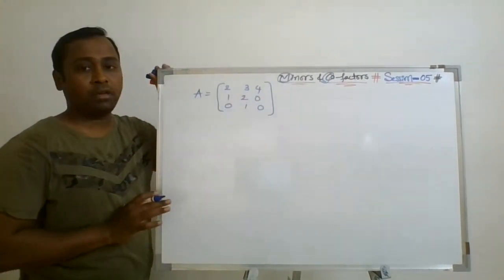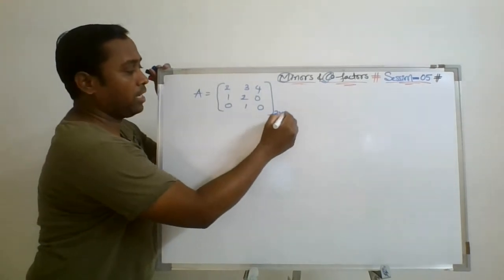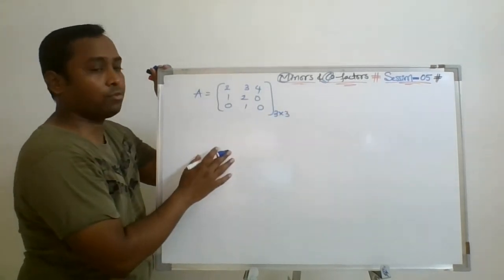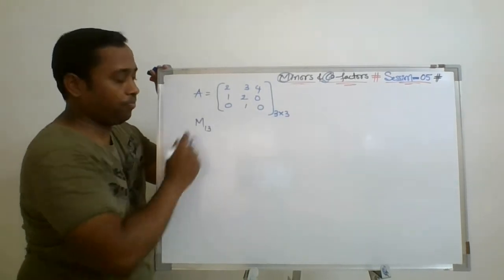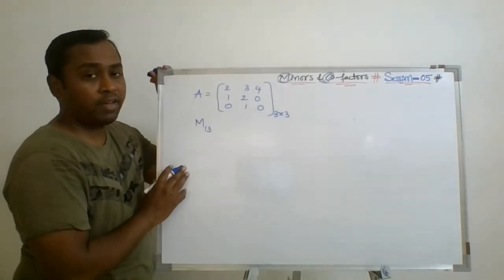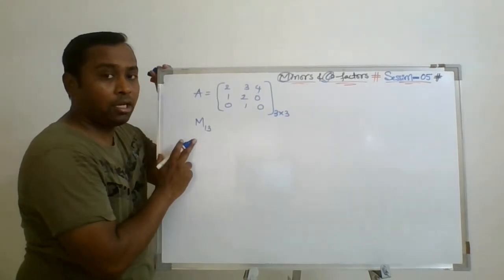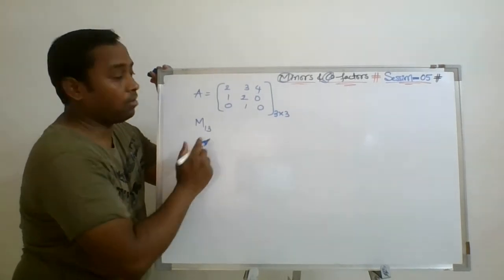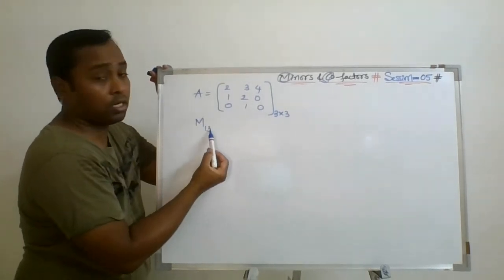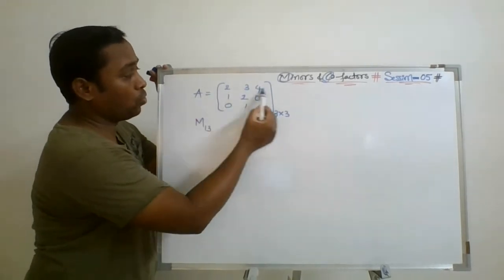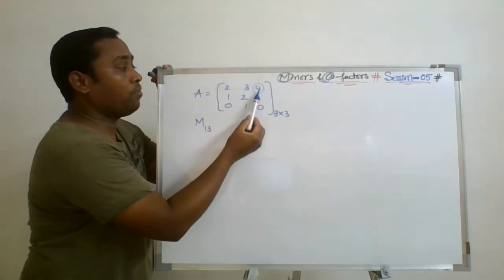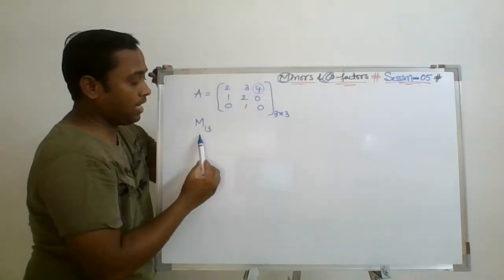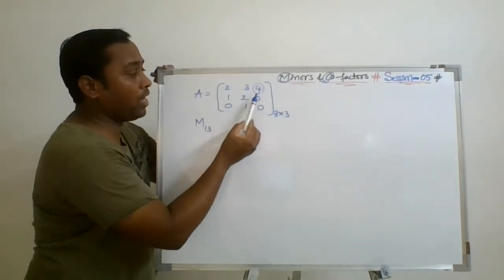This is simply one 3 by 3 square matrix. Now we need to find M13, the minor of the element A13. What is A13? First row, third column. This is the element 4. When I say M13, it means the minor of the element 4.